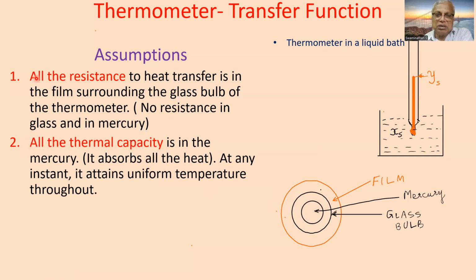Note the word all in both cases: the first case is the entire resistance, and the second case is the entire thermal capacity. The entire thermal capacity for this heat transfer is in the mercury, and it absorbs all the heat coming from the bath. At any instant, it attains a uniform temperature throughout, that is, the entire length of the mercury column attains uniform temperature. If it is Y here, it is Y throughout. So that is the second assumption.